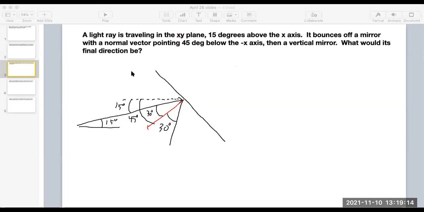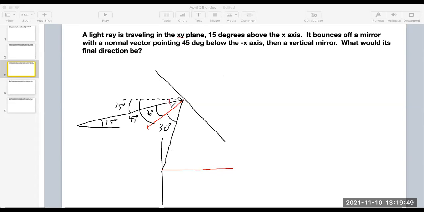So I'll just conserve space by bringing it closer. So our new normal vector. How far off are we? So this vector coming in, we've got 15 plus 30 plus 30. It's 75 degrees here.